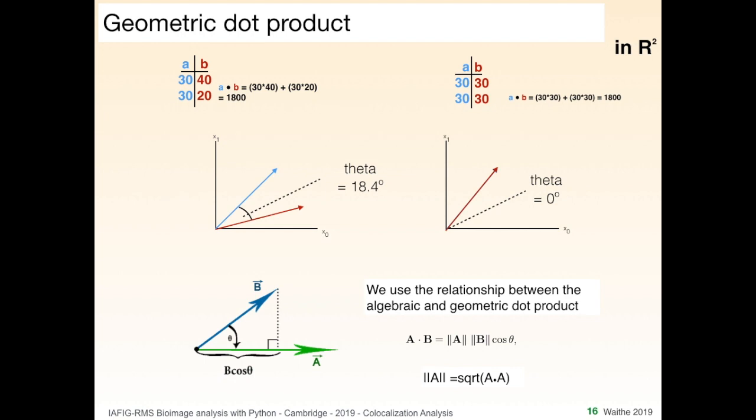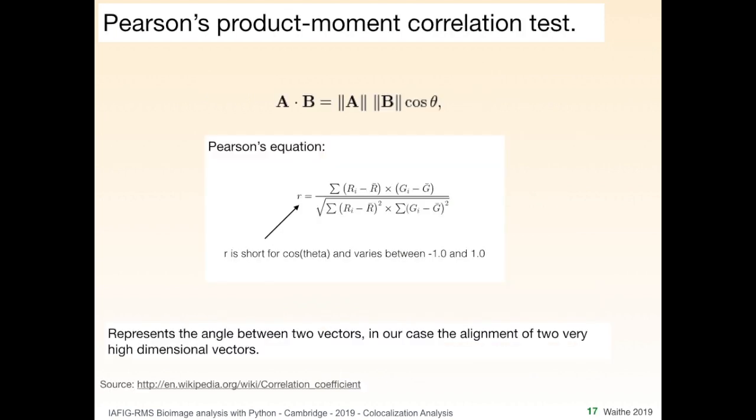So through calculating the dot product in the way that I showed you, rearranging it, you can basically get the angle out. So through the dot product calculation, you can get straight to this normalized form and compare the distributions using this equation. And that is exactly what the Pearson's equation is.